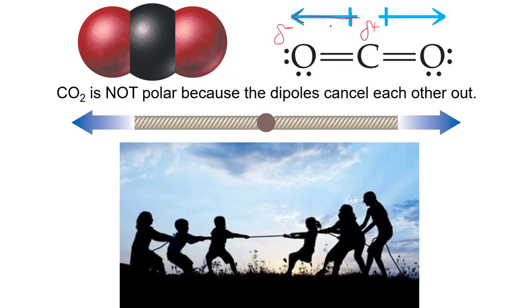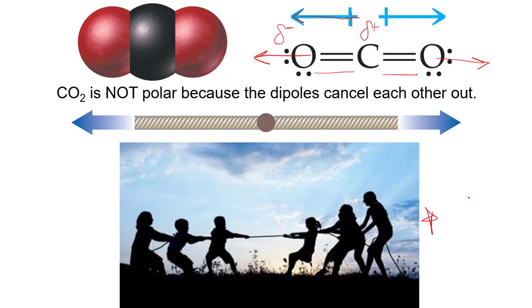So carbon dioxide has two bond dipoles, one between the carbon and each oxygen. But is the whole molecule polar? Well, we know from our VSEPR that this molecule is linear. Since it's linear, this oxygen is essentially pulling this direction, and this oxygen is pulling this way. And if you have a tug of war, like what you see in this picture right here, who would win?